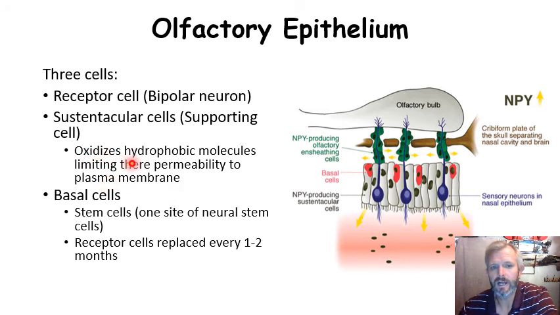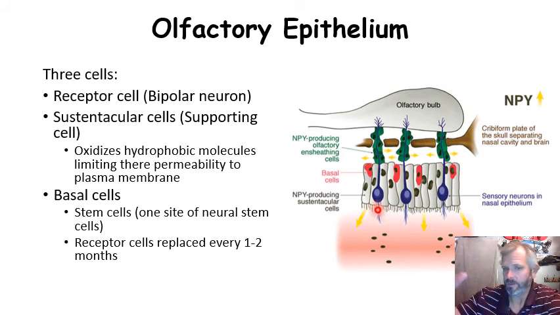One of the functions is they oxidize hydrophobic molecules, because hydrophobics would just dissolve right into the membrane. So they limit the permeability, and so those hydrophobic molecules will then elicit a response on a membrane protein.